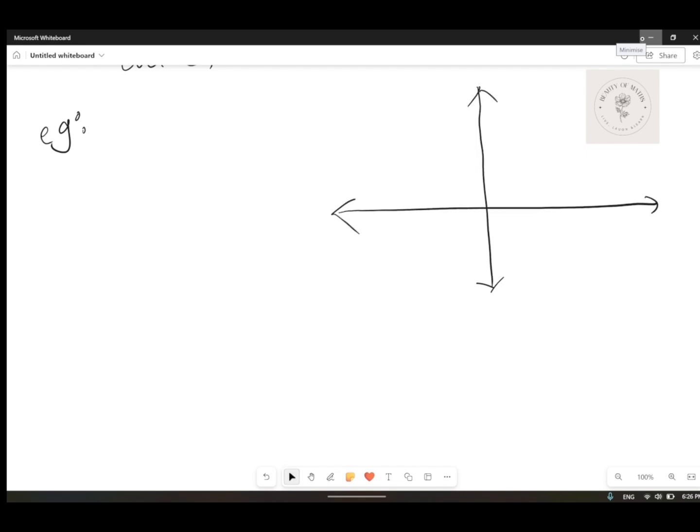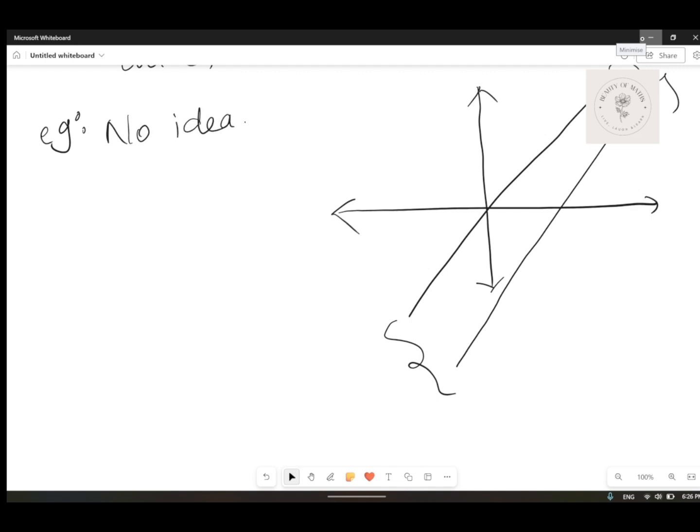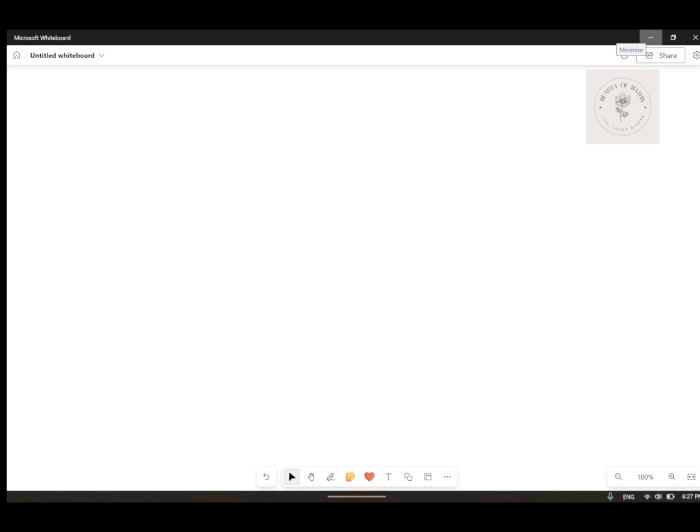Let's say this line, and I have this line. Which line has a larger slope? Any idea? Actually, we don't have any idea because we are not given any particular information. I don't know why I made such a ridiculous example. Let's take a serious example.